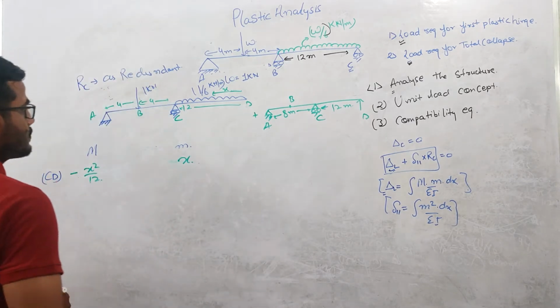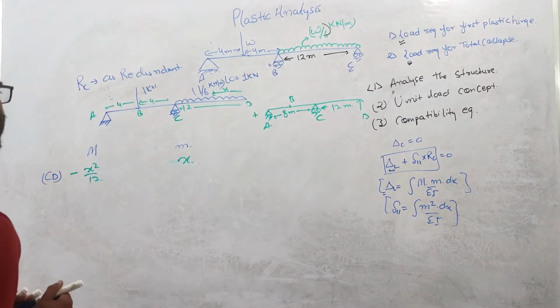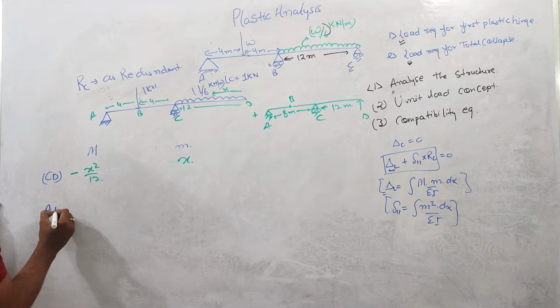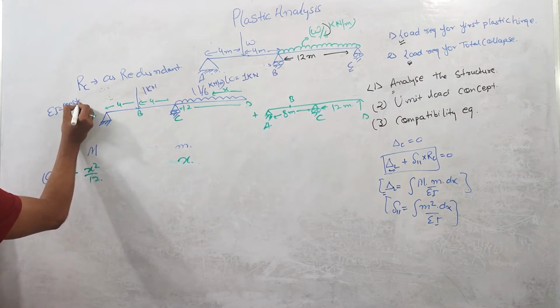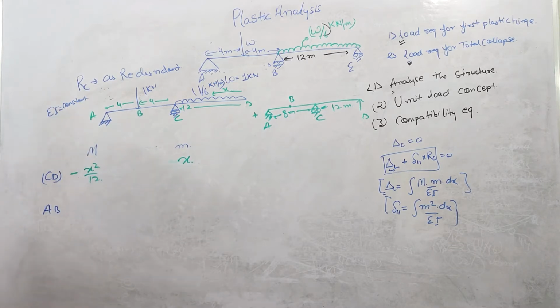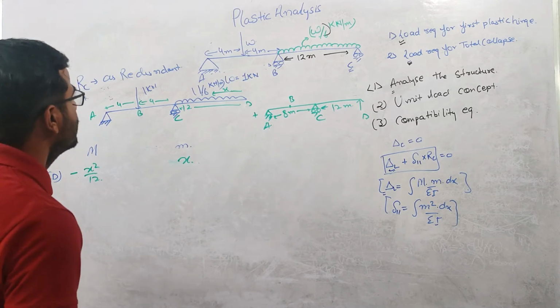Now for the AB portion, EI value is constant. Okay, remember it is constant. It is given in the question.